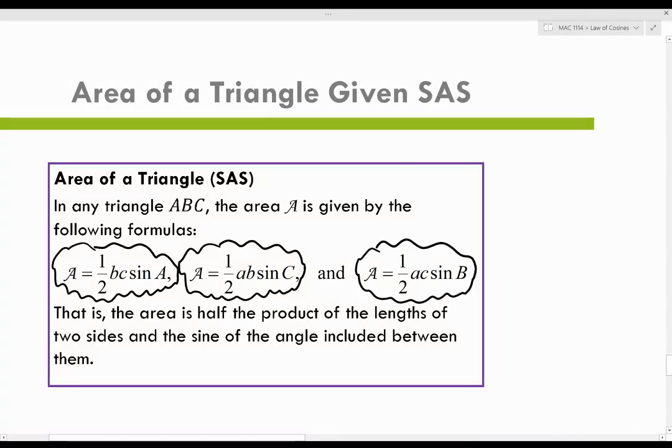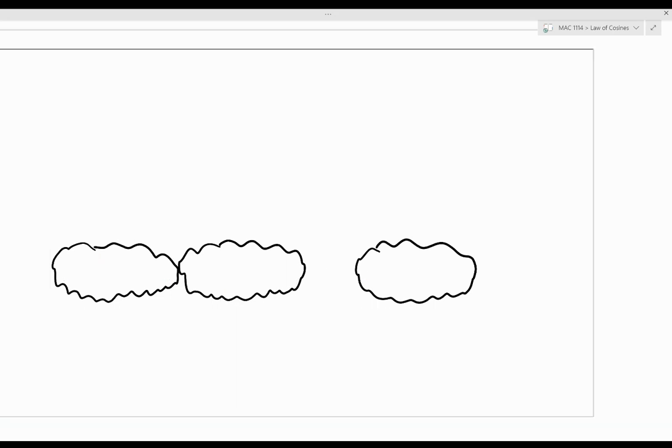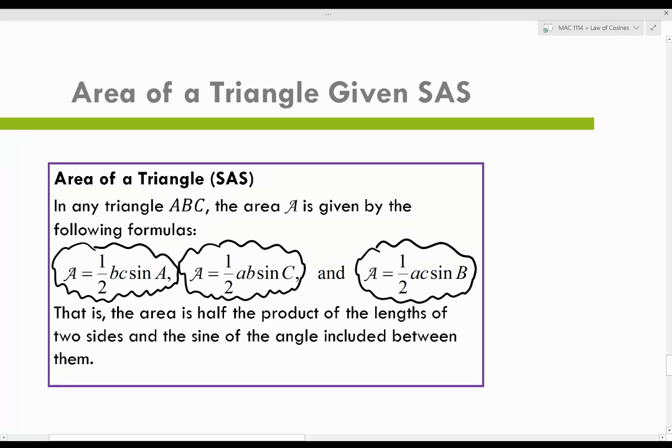Now if you'll notice, the formulas are set up very similar. The way that I remember it is that in each one of these formulas, you have an A, a B, and a C. A, B, C. You'll notice that no letter repeats itself in the formula.